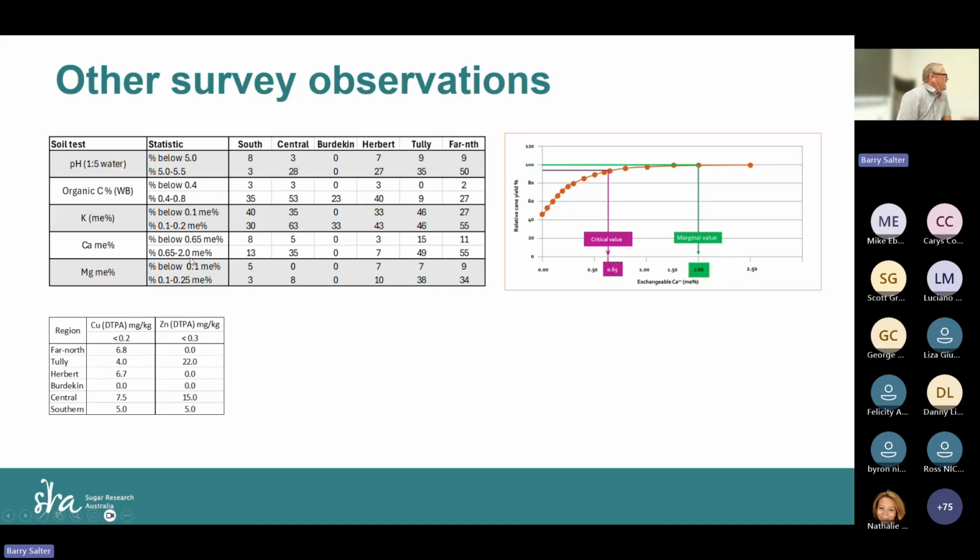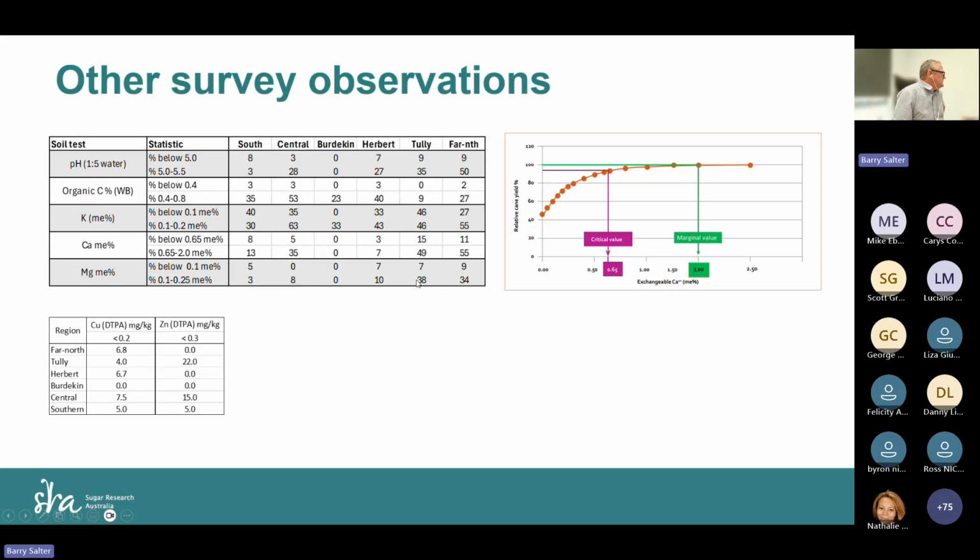When it's marginal, so between 0.65 and 2, you might not be seeing a yield impact, or if it is, it might be a small one, 1, 2, 3%. But there's certainly large numbers of crops that have that sort of potential, with 35% of the crops in the central region in that marginal range. So that calcium issue in some regions is ticking away in the background, having an impact on yield, and we need to try and reduce that, I suppose.